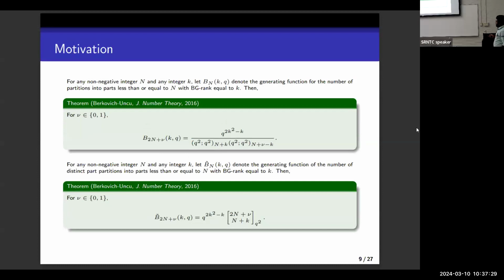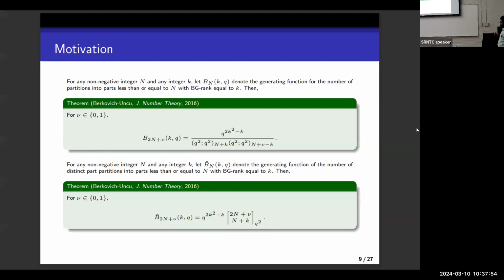And they also showed in the same paper that if you consider the generating function for partitions into now distinct parts, also having largest part at most n and BG rank equal to k, then you have this generating function here, where you have a q squared Gaussian coefficient, not the usual q.